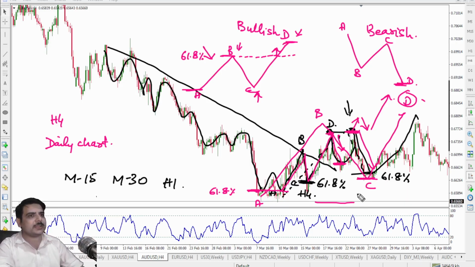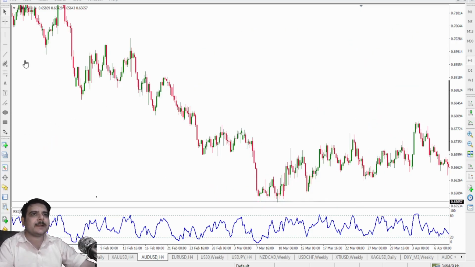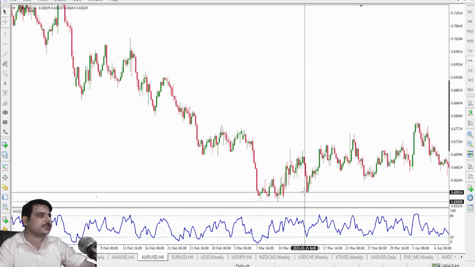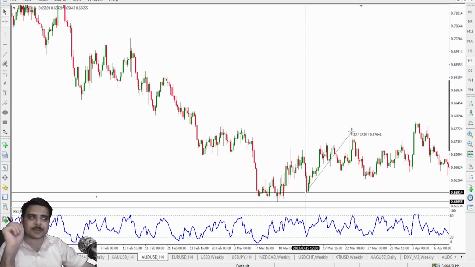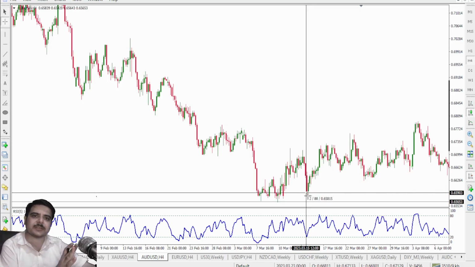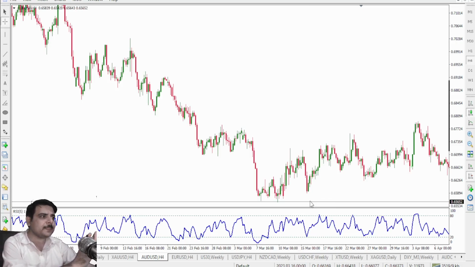If you follow it correctly, I can assure you, like this 61.8% retracement, just have a look at it, 172 pips, and barely the market went against. See, there must be something very special about these Fibonacci numbers, these trend breakouts. But for that, you have to follow me and understand this strategy.